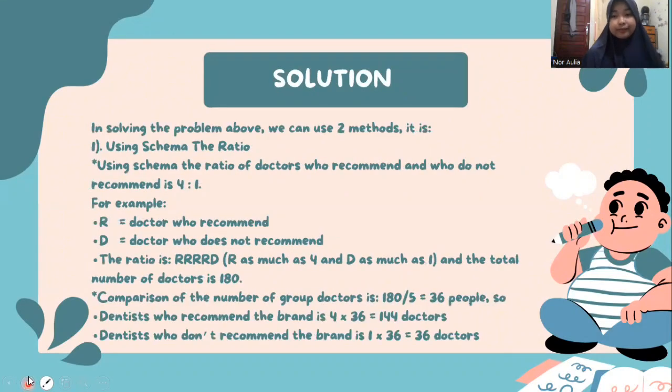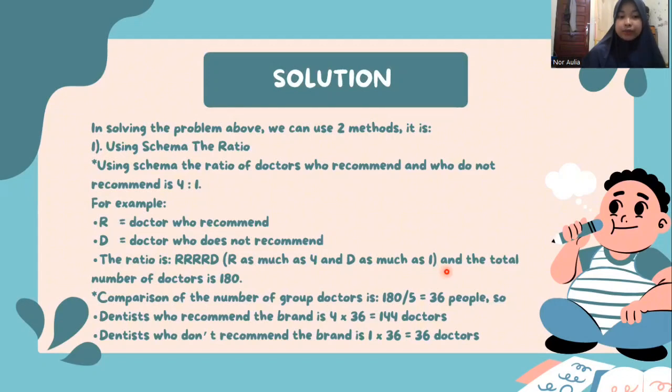For the solution, in solving the problem above, we can use two methods. The first one is using a ratio scheme. The ratio of dentists who recommend it and who do not recommend it is 4 to 1. For example, R is a dentist who recommends it, and D is a dentist who does not recommend it. The ratio is R, R, R, R, D: R as much as 4 and D as much as 1.